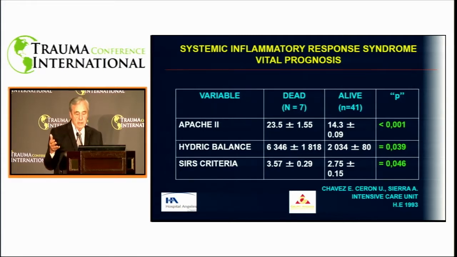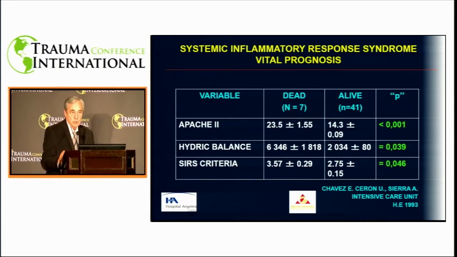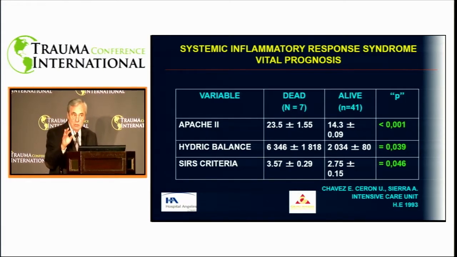We measured the severity through Apache, but we realized that most of the patients that we lost were patients that had had an accumulated balance of fluids in a very important manner during intensive therapy. So these were indicators of a poor prognosis, having a high Apache. But if day after day you have a positive balance of liquids or fluids, and the greater that balance, the worse the survival prognosis was.